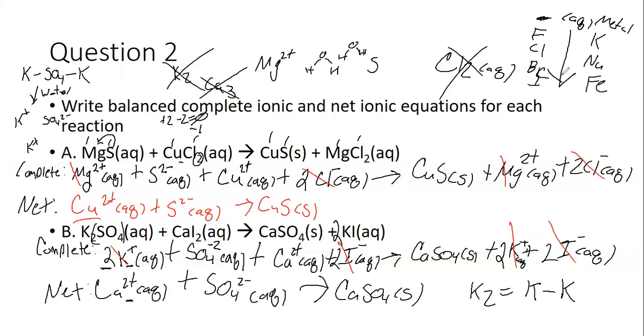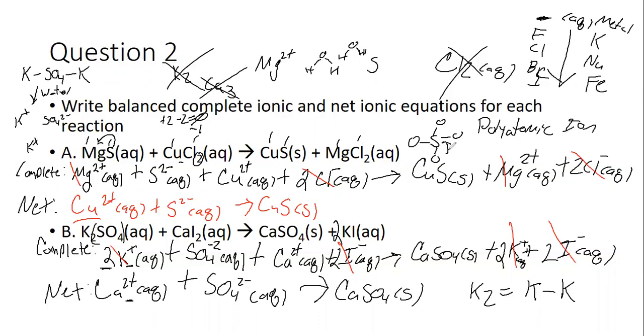Why wouldn't you put the 4 in front of SO4? Because SO4, if you remember from, I want to say 3 weeks ago, we talked about this, is what's called a polyatomic ion, right? It's an ion made out of multiple nonmetals.